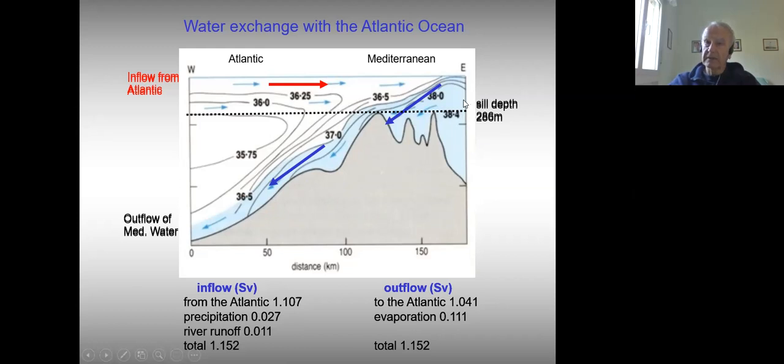The Mediterranean water, on the other hand, exits in the deeper layer and then sinks down. You can see it sinks down after reaching the equilibrium depth.